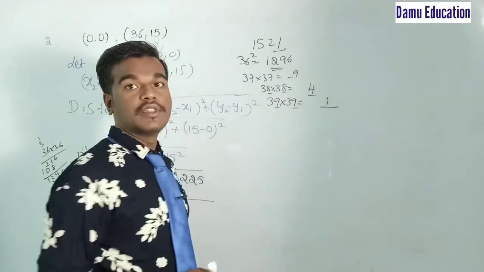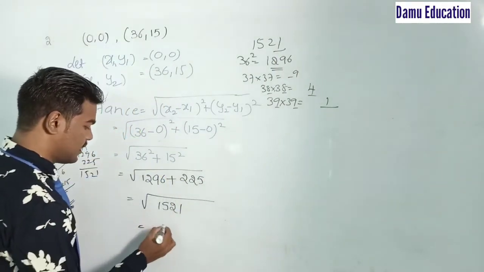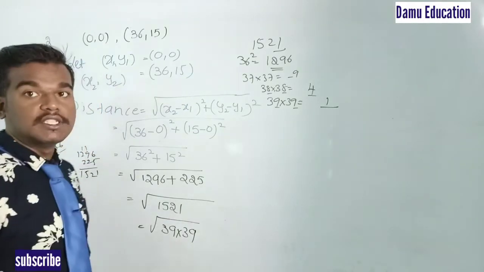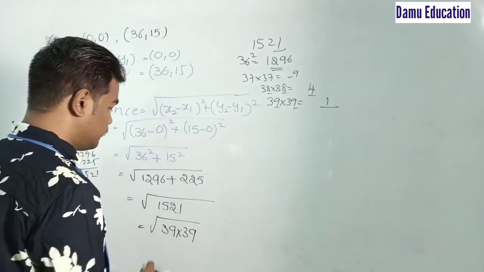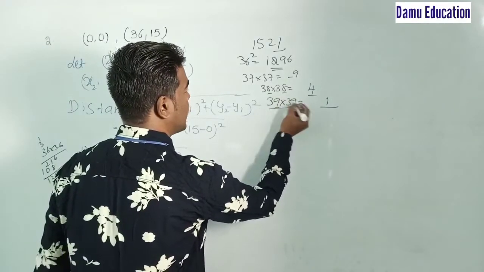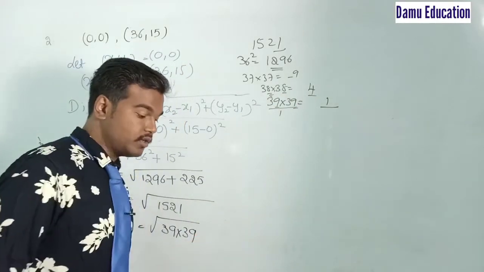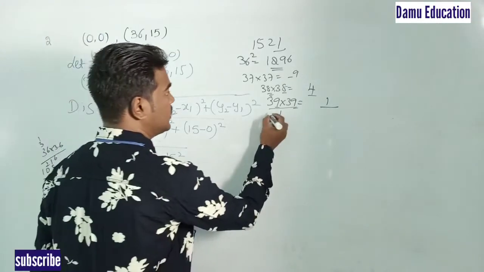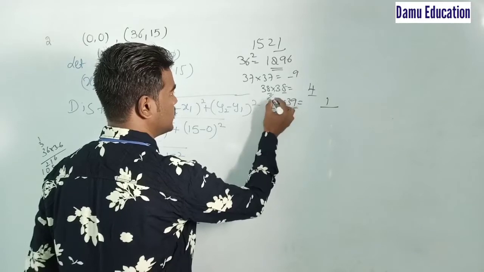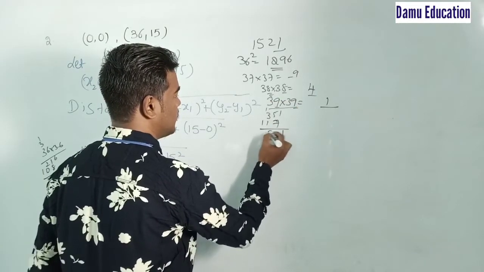So let's multiply 39 into 39. So you can calculate it, and we will get 1521 or not. 9 9s are 81. 9 3s are 27 plus 8, that is 35. 3 3s are 9 plus 3 is 12, so 1521.